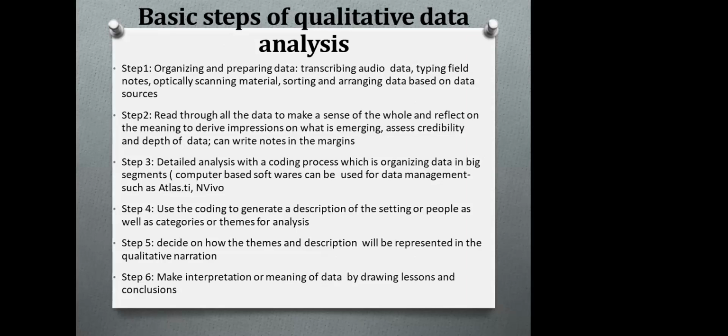Or perhaps individuals not having access to information. So from the data, you're able to pick out what issues are emerging, and derive impressions of them: do they speak to the objectives of the study, and are they speaking to the realities of the men that have been interviewed in this study?